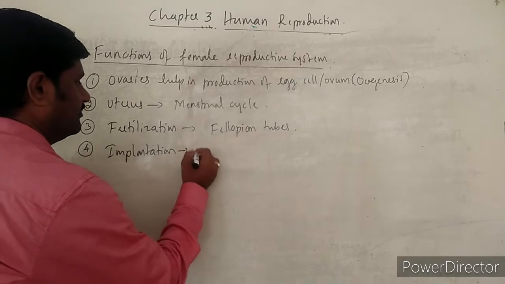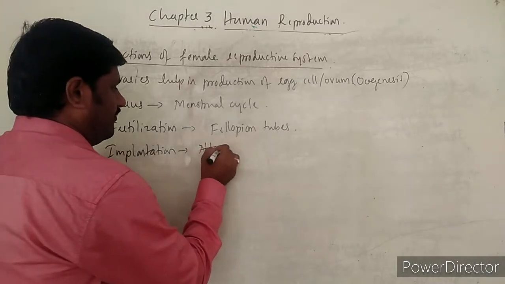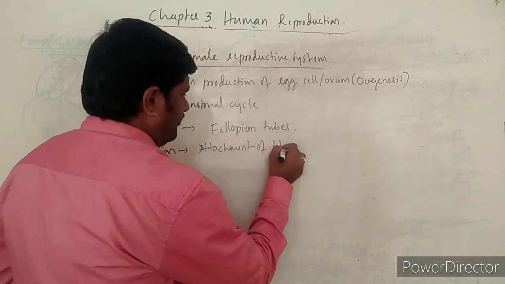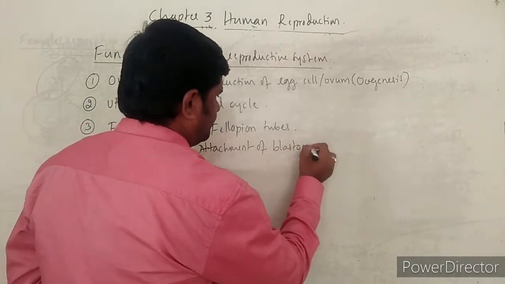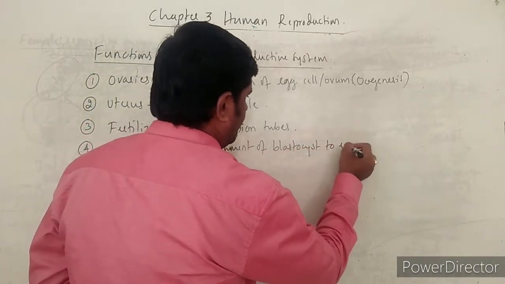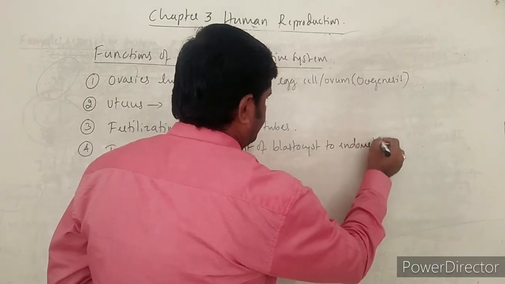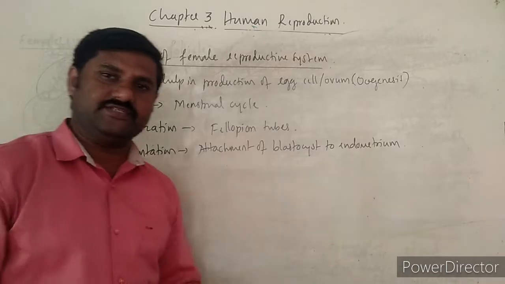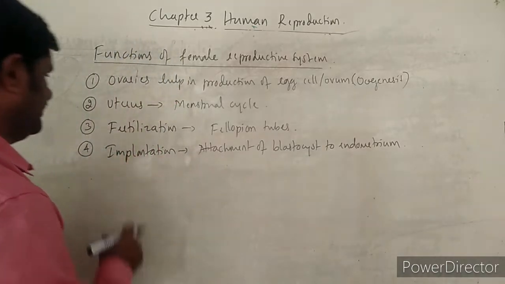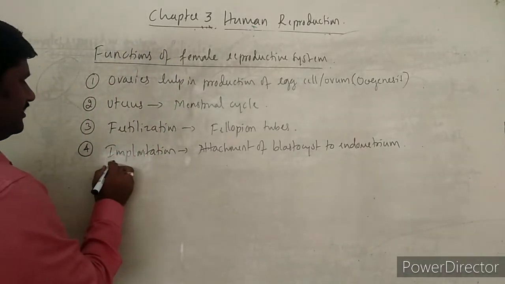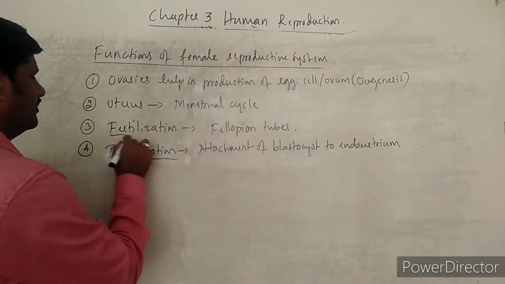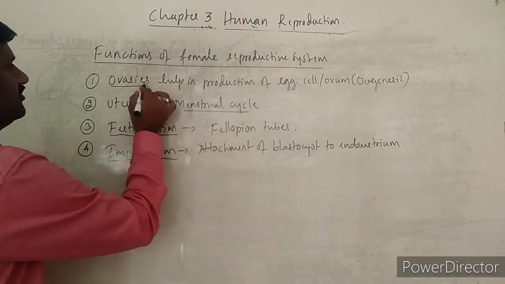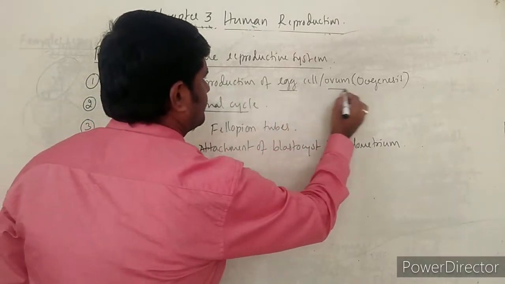Implantation is nothing but attachment of blastocyst to endometrium. You are going to learn about this in the next coming classes. I will explain this. This is also one of the important functions of the female reproductive system.